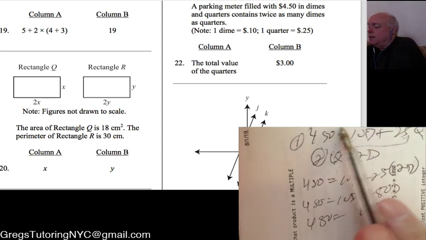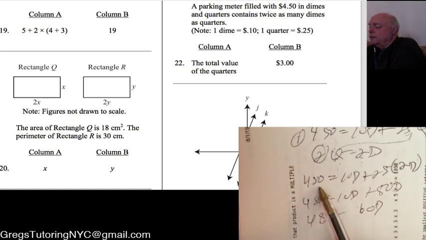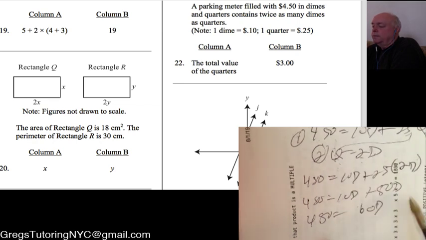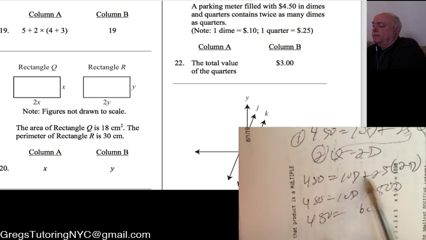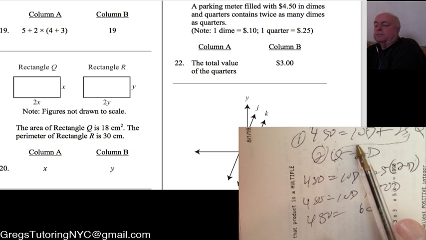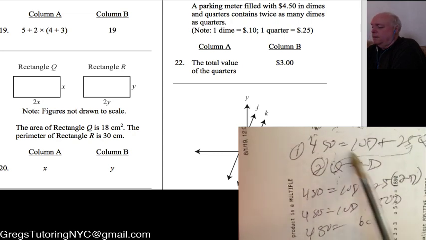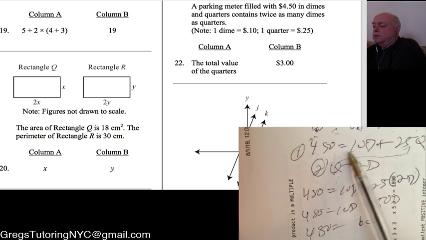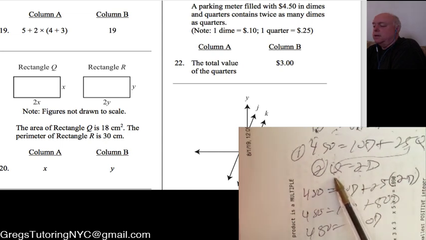Something seems to have gone wrong here again. I'm too lethargic again. Twice as many dimes as quarters. $450 in dimes and quarters. There's twice as many dimes as quarters.